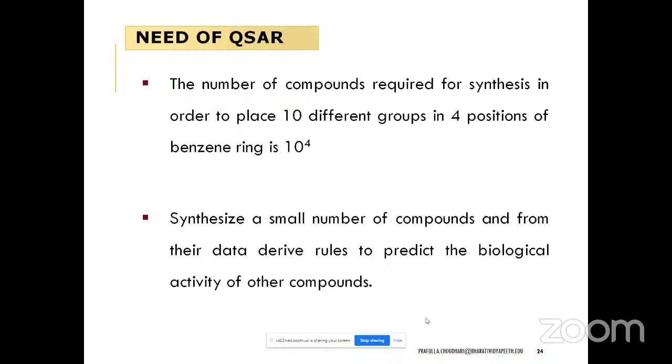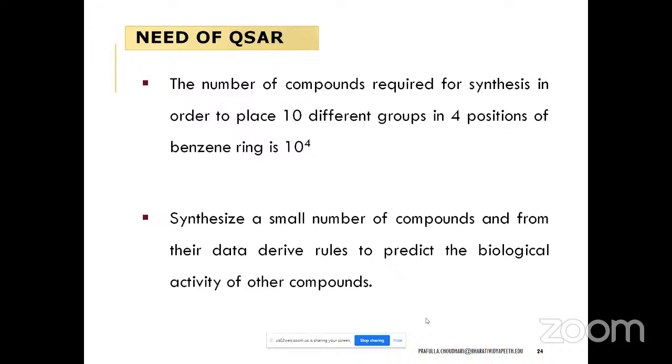If you have to place 10 different groups in four positions of the benzene ring, the molecule number becomes 10 raised to 4. In that way we have to synthesize a huge number of molecules, which requires huge efforts, and then the biological activity will be tested. After that we will be getting the active, inactive or intermediate active molecules.